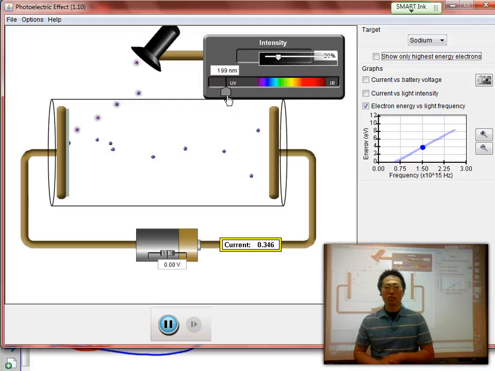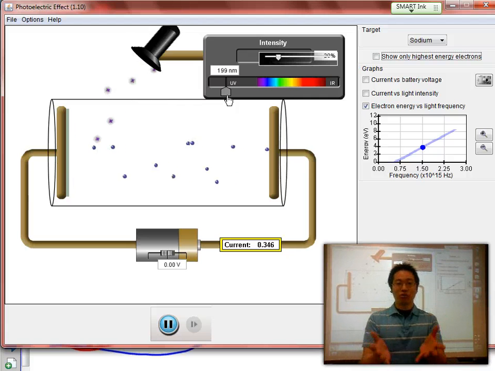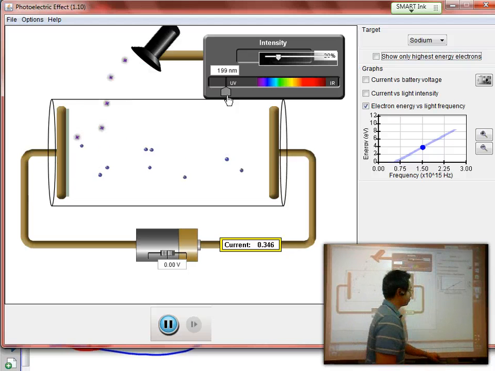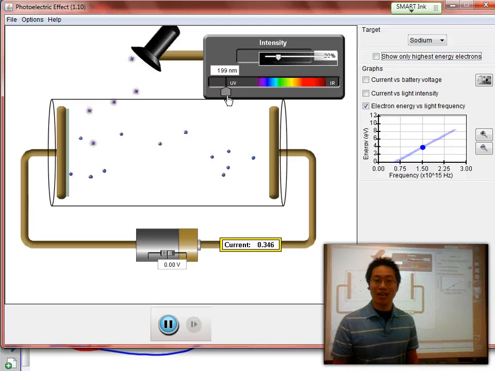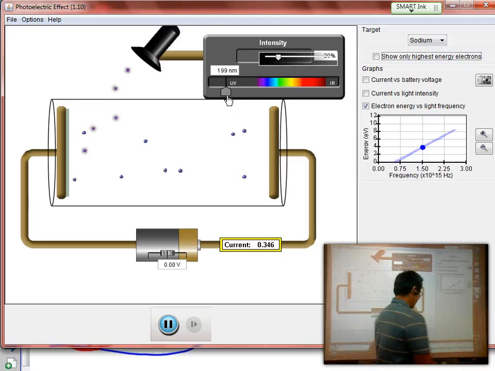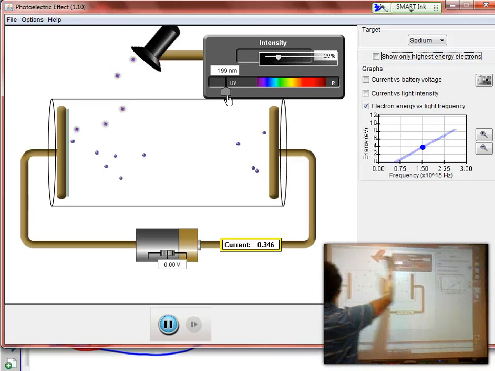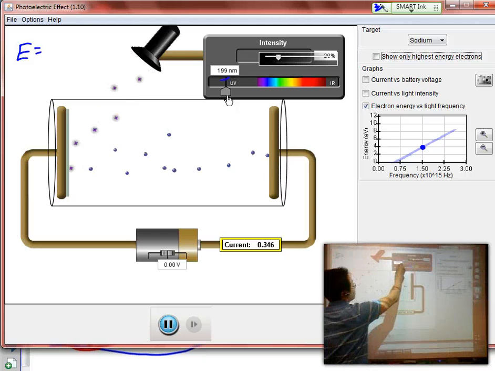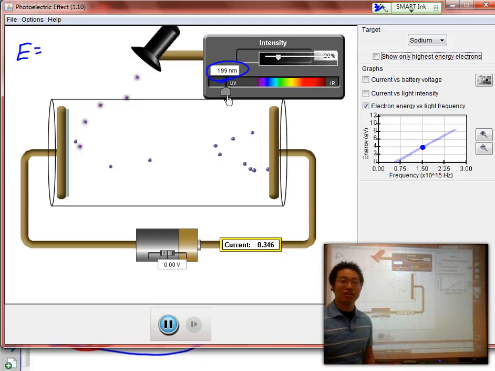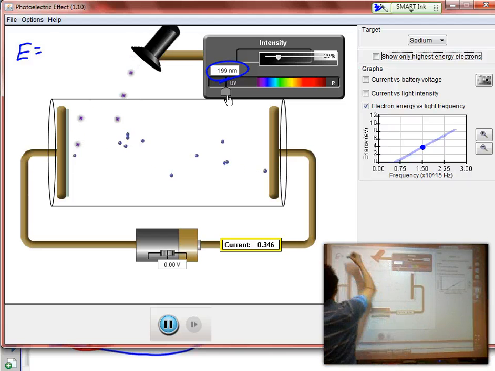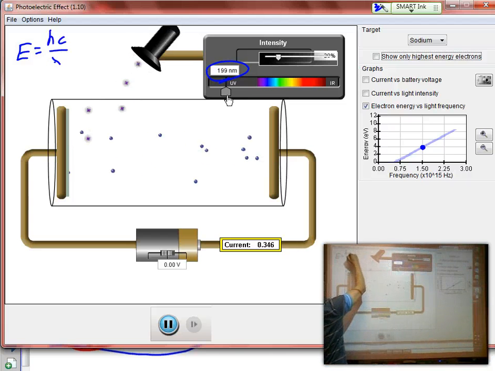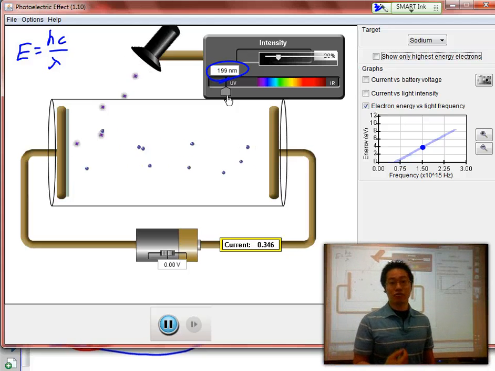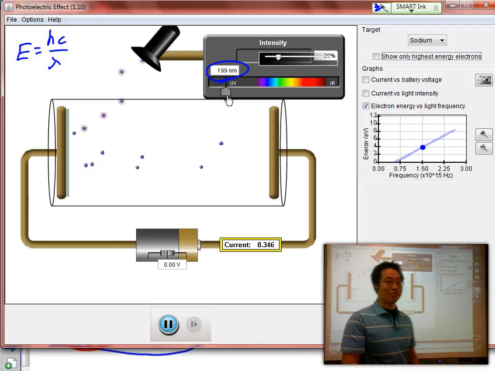Okay, so right now we're shining ultraviolet light onto the sodium surface. If I wanted to figure out how much energy that ultraviolet light had, I could use my original formula of E equals hf, or in this case, because they gave me the wavelength in nanometers, it's much easier to use hc over lambda, because I have a value of hc given to me in electron volts and nanometers.